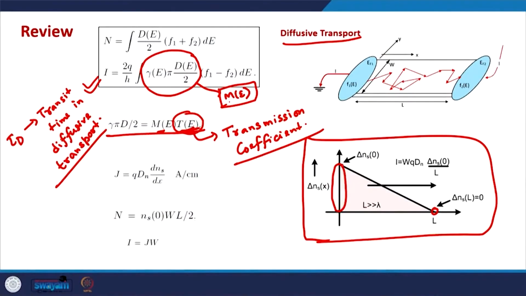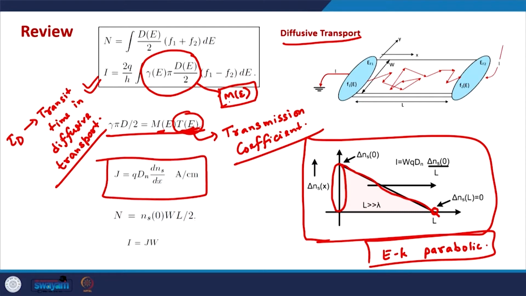The profile is linear in absence of recombination generation, and if the electrons follow this parabolic E-k relationship, in that case the diffusion can be approximated by Fick's law essentially, which looks like this. So, this will help us in finding out the tau_D time, which is what we want to find out, because using Fick's law we can find out the steady state current in the device, which looks like this.